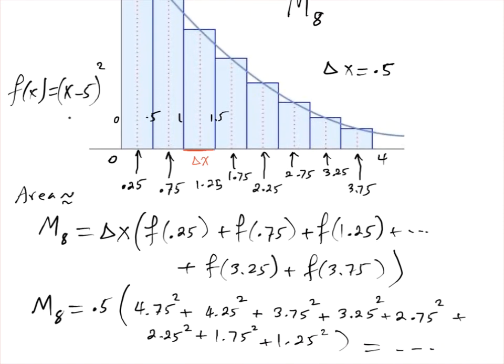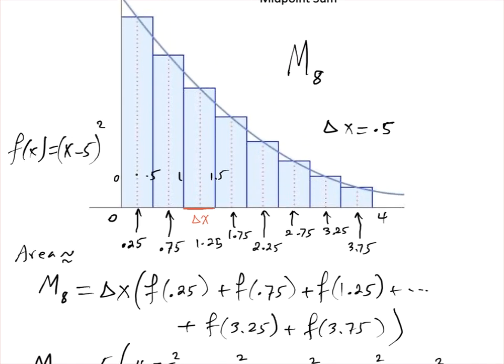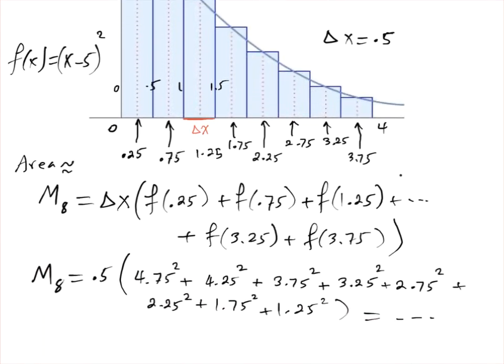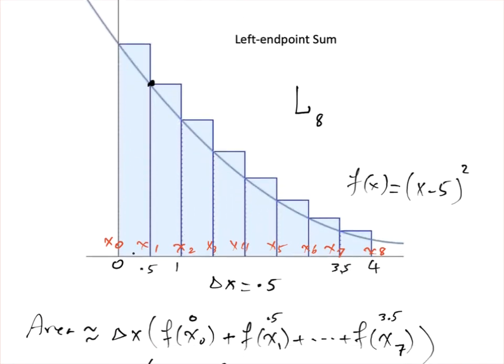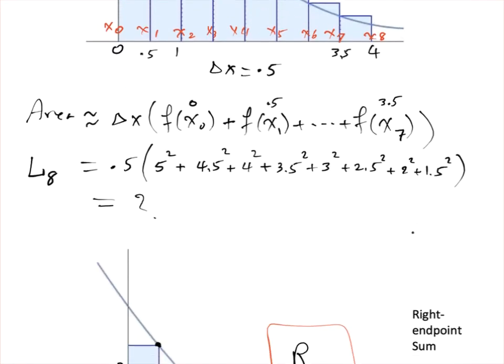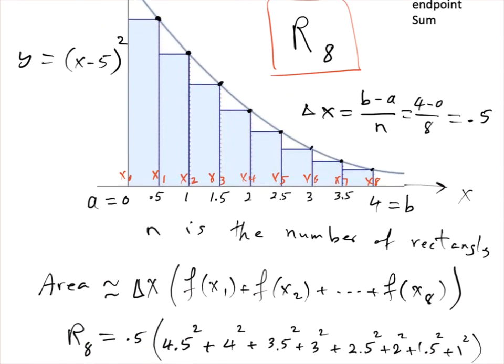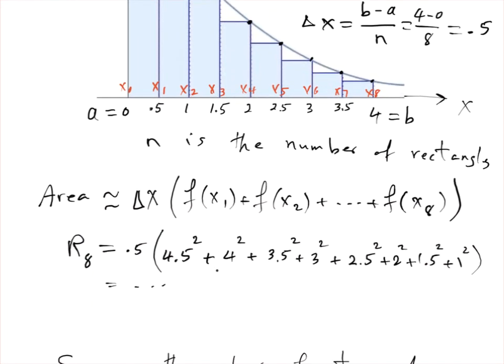If you have the formula for the function and you know how many rectangles you're adding, and where you're evaluating the function to get the heights, whether it's a midpoint or left endpoint or the right endpoint, all of these problems work the same way.